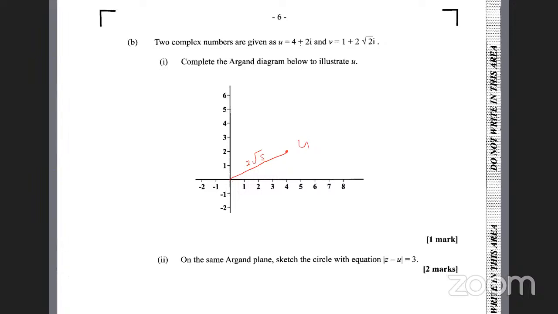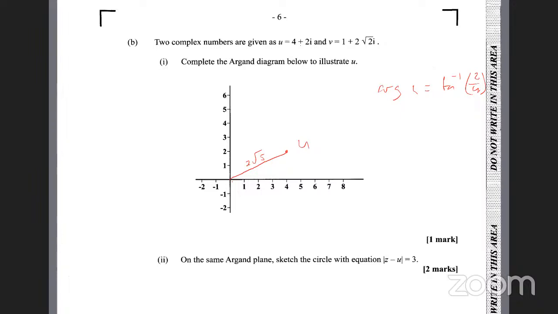What you all got for the quadrant, right? So the argument of U is tan inverse of 2 over 4. How much is that? Again, decimal.